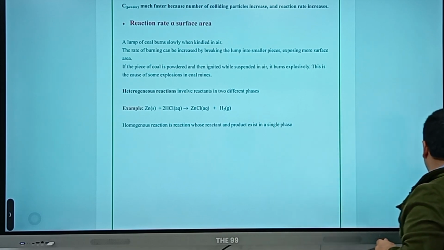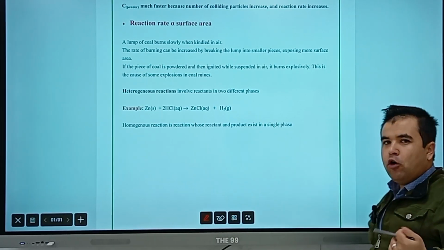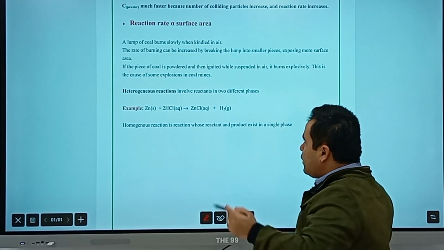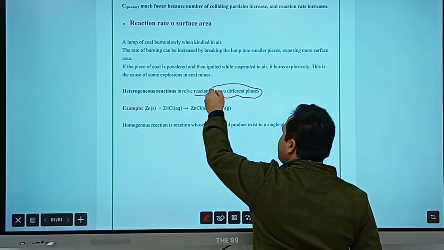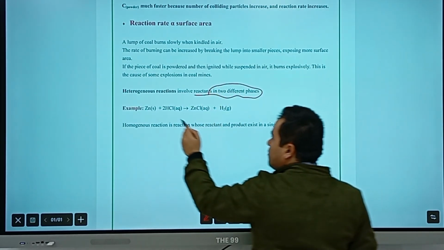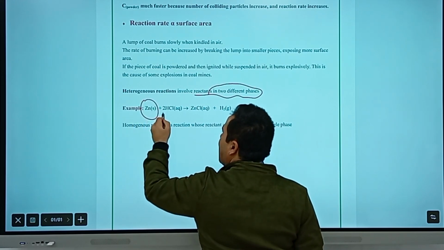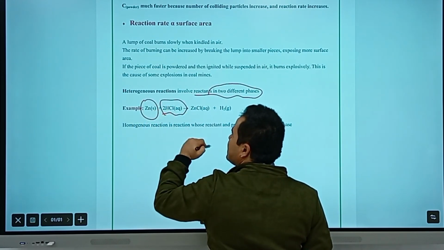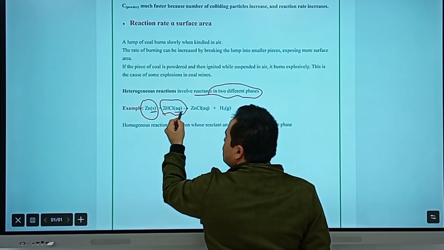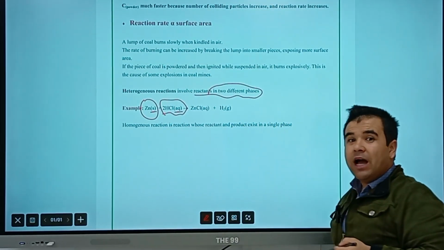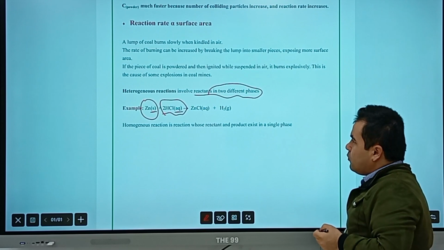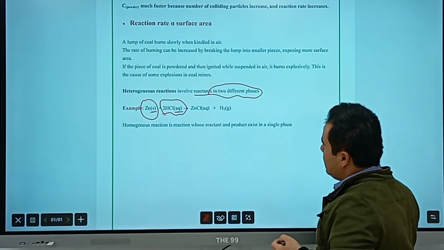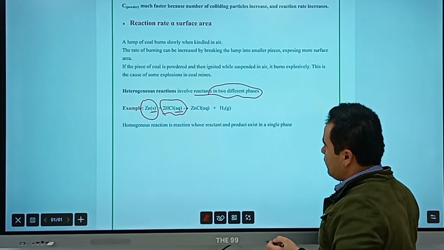The heterogeneous reactions, guys, we talked about the homogeneous previously. The heterogeneous reaction means the reactants are in two different phases. So here we have zinc reacting with hydrochloric acid. Zinc is solid and hydrochloric acid is aqueous. So this reaction is a heterogeneous reaction because the phases of the chemicals in the reactants are different from each other.